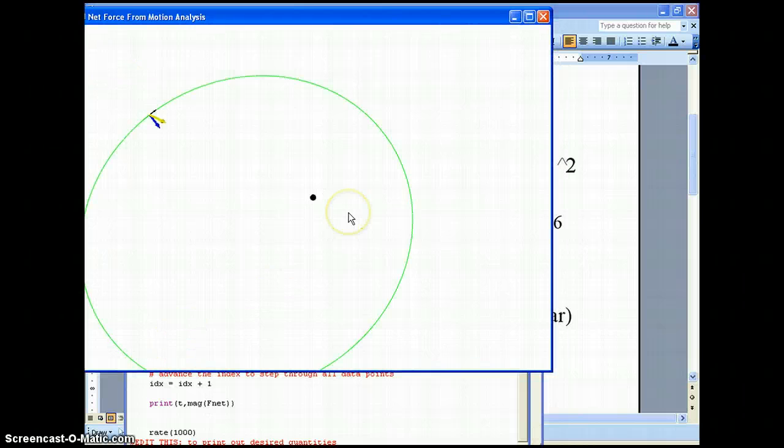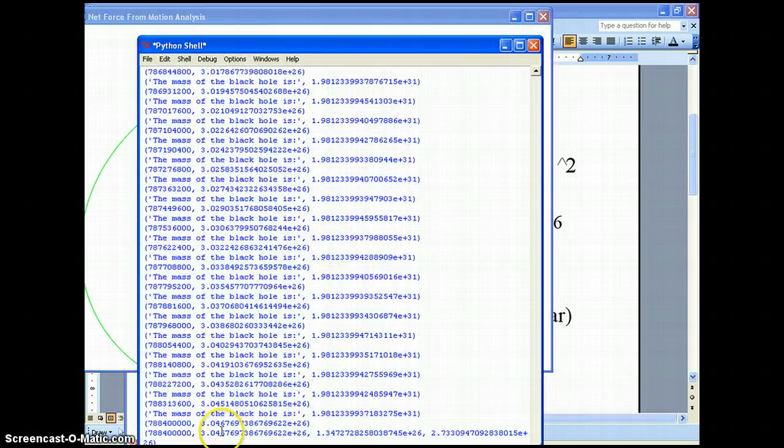So as you can see, the star has finished its orbit in the model around the black hole. And if we look, we can see that we have the mass of the black hole and what F net is. So basically the computational model accounted for the F net force and then used that to find the mass of the black hole.